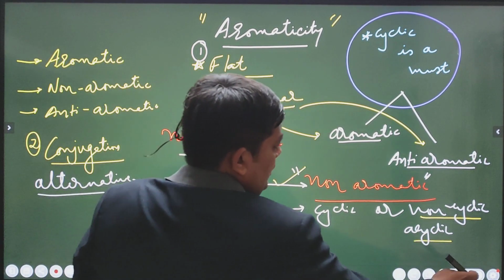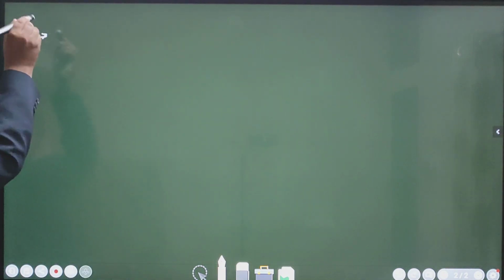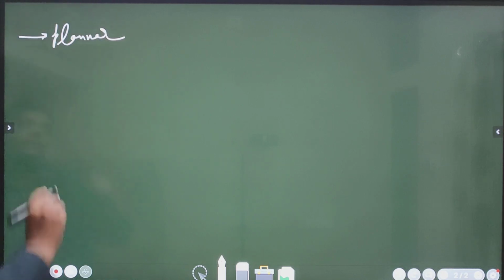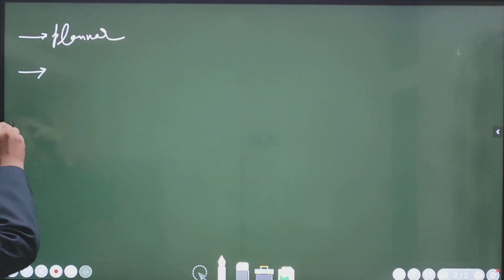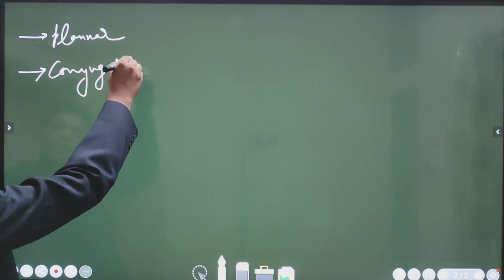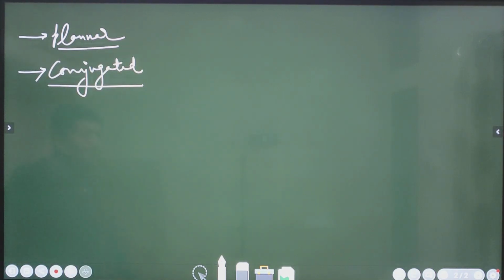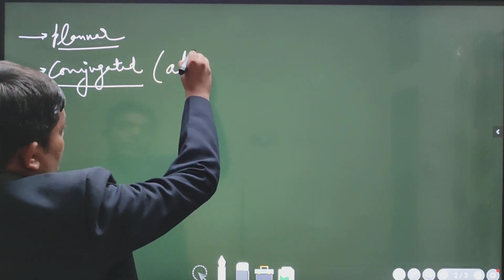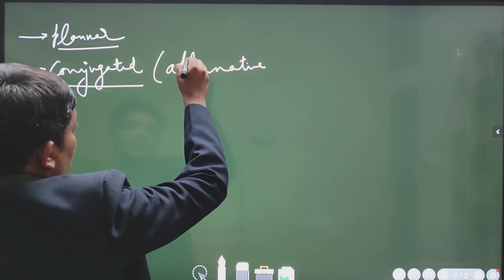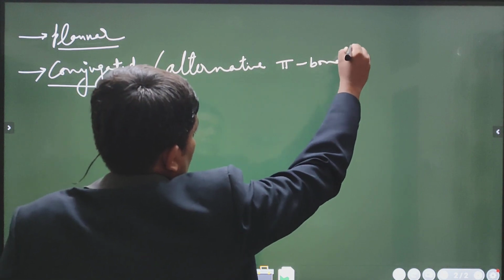Now let us add two more conditions to it. The first condition that I said over here, just mention it again, planar. Second condition is conjugated pi bonds. Whenever we use the word conjugated pi bonds, always mention it as alternate pi bonds.